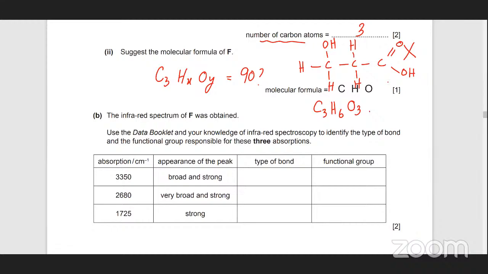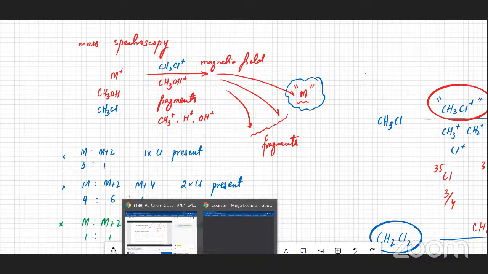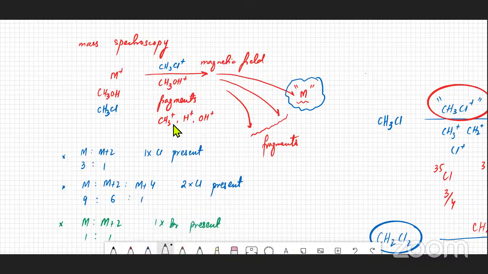But the fragments can kind of help you in figuring out the structure. ठीक है? I mean, for example, there's a fragment that has a mass of 17. तो आप थोड़ा बहुत guesswork कर सकते हो and you can figure out कि maybe that's OH. ठीक है? Do you get my point? Ji, sir. So the fragments would be helpful in figuring out the structure.